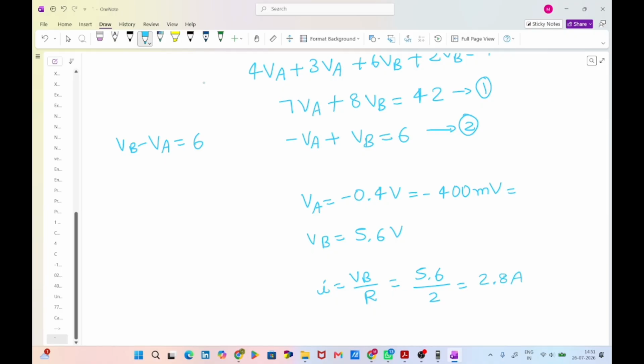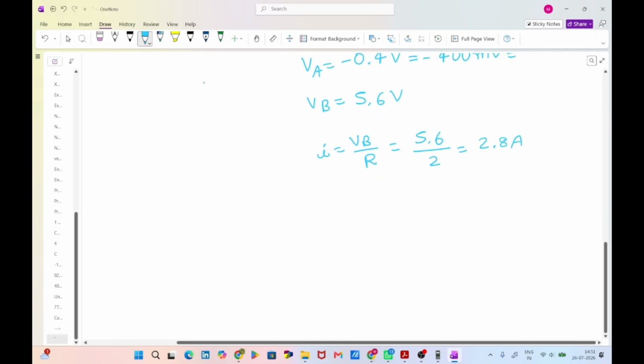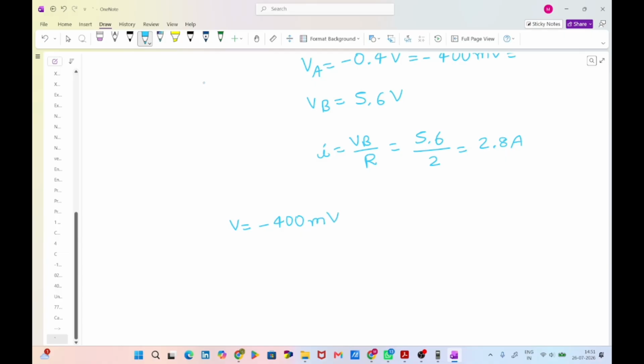The SI unit of current is amps. So V is equal to minus 400 millivolt and I is equal to 2.8 amps. I will put a box around this.